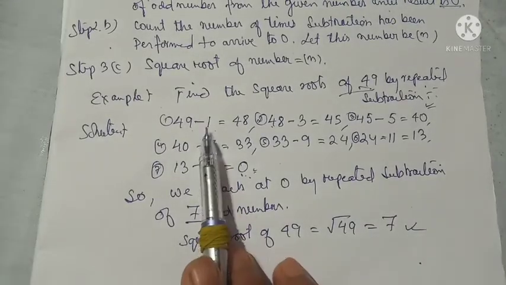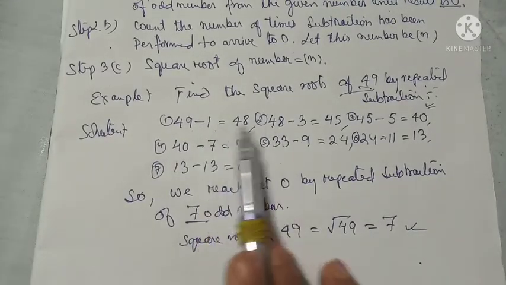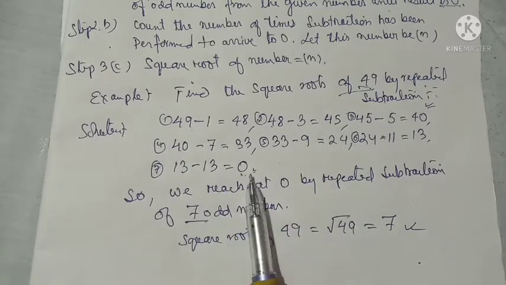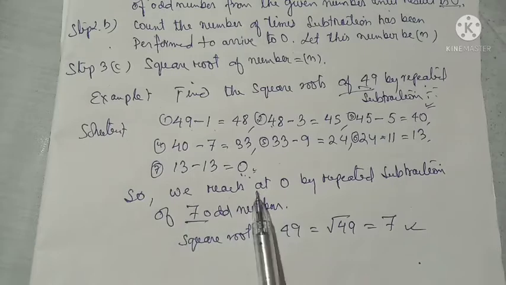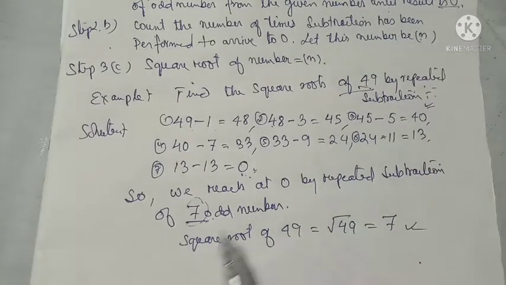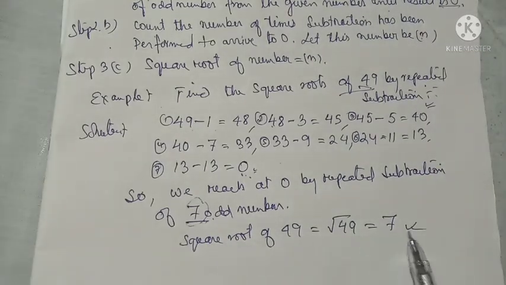We have to subtract the odd numbers from the given number consecutively, next by next, till we reach 0. So we reach 0 by repeated subtraction of 7 odd numbers. So 7 is the n. So the square root of 49 is 7. 7 will be the square root of n, is the correct answer.